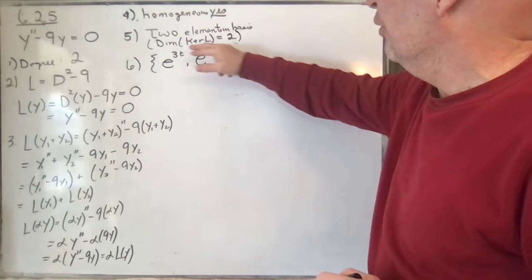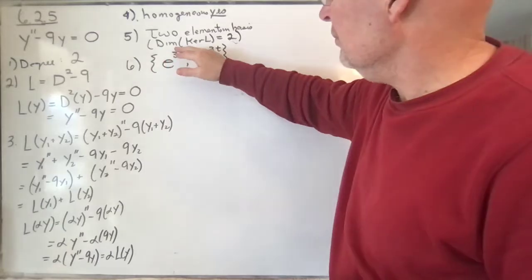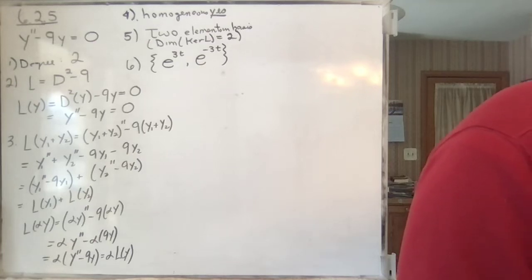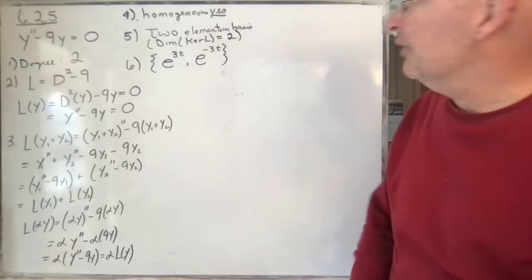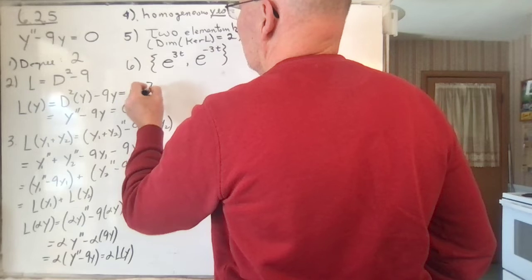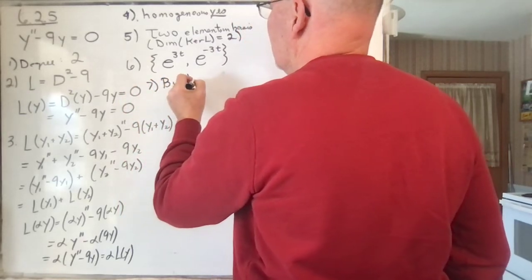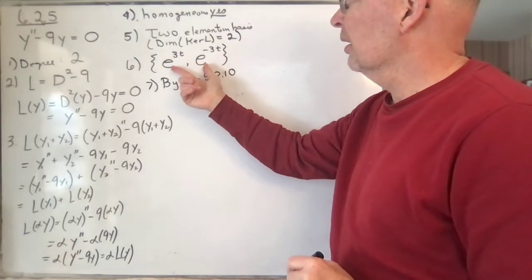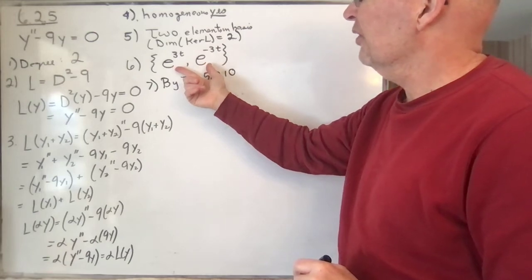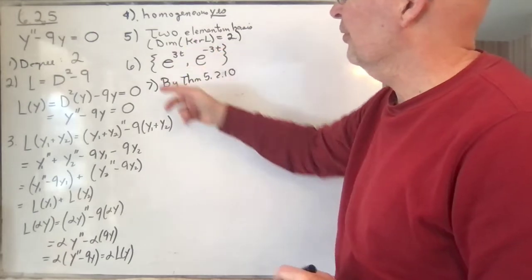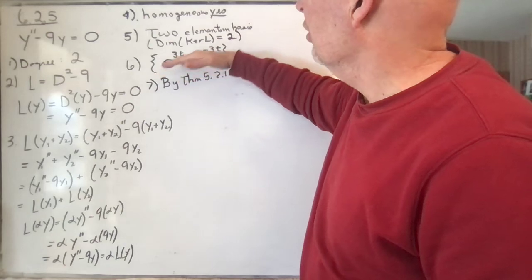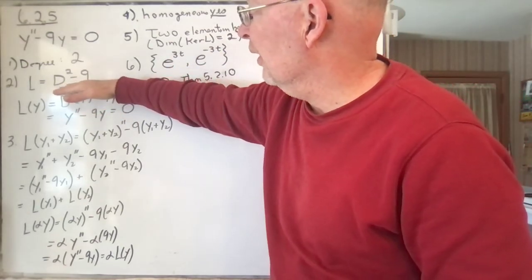We know that the dimension of the kernel is equal to 2, and so by Theorem 5.10, we know that two linearly independent vectors is going to be a basis, and it's also going to span the whole kernel of this linear transformation.